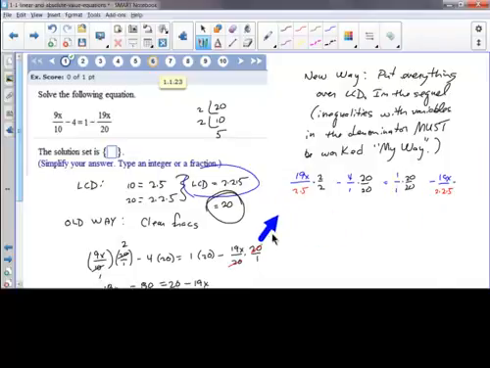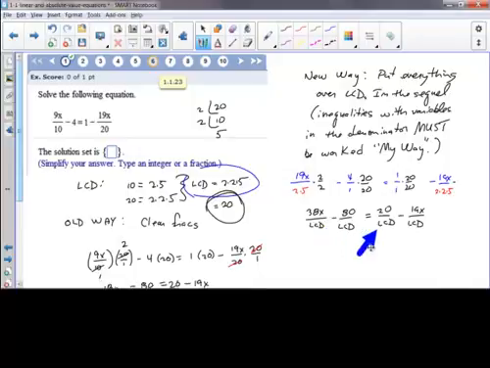So look how this comes out. 80 over the LCD. It might be quicker to write 20. I'm going to keep writing LCD and then show you that this step can actually be skipped. 20 over the LCD minus 19x over the LCD.